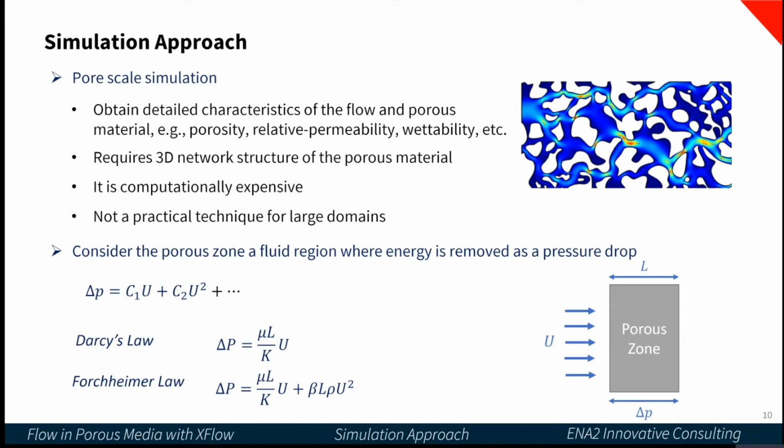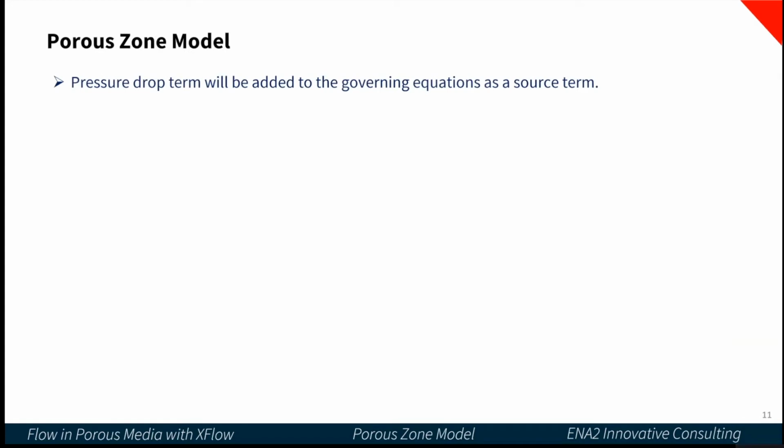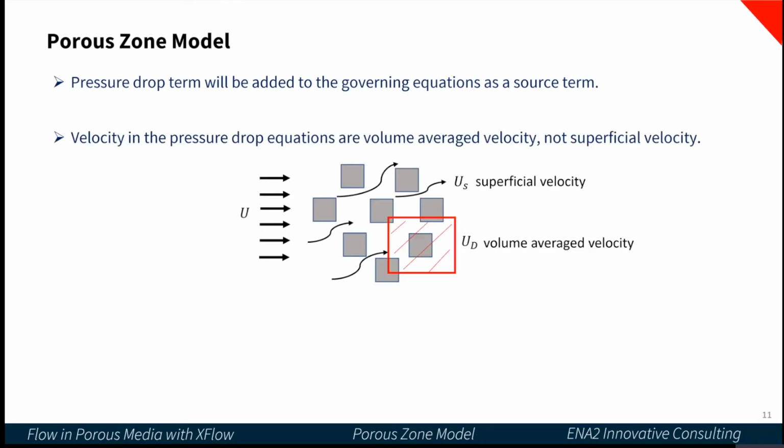When we are talking about the porous media module in any software, we are actually talking about the porous zone approach. In the porous zone approach, the pressure drop term is added to the governing equation as a source term. The velocities in the pressure drop equations are volume average velocities, not superficial velocities. Imagine the porous medium.